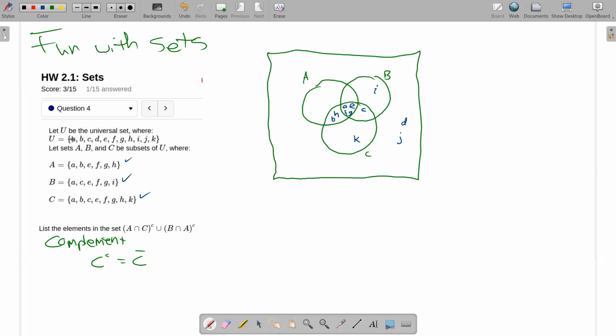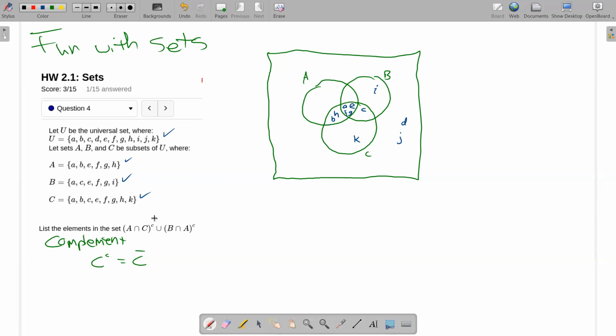How many letters is that? 1, 2, 3, 4, 5, 6, 7, 8, 9, 10, 11. All right, looks like we got them all. So we've accounted for our universe and where the elements of set A, set B, and set C have to live. That's the situation.